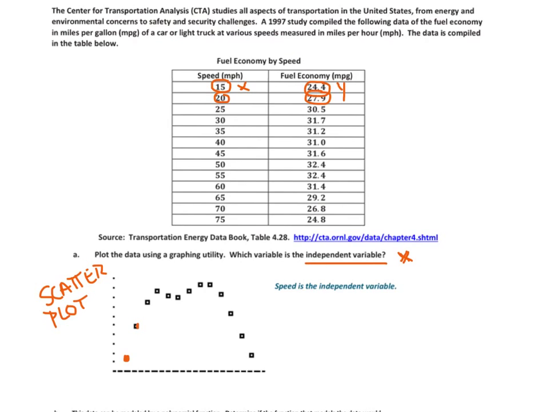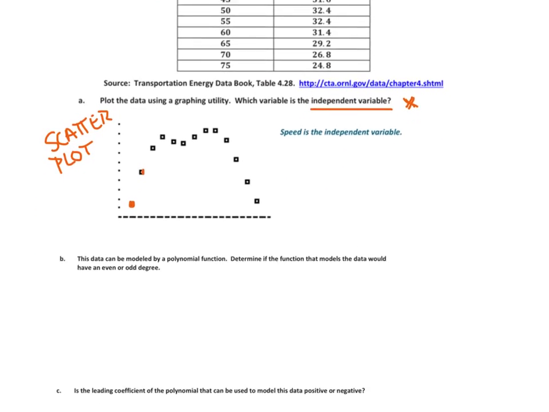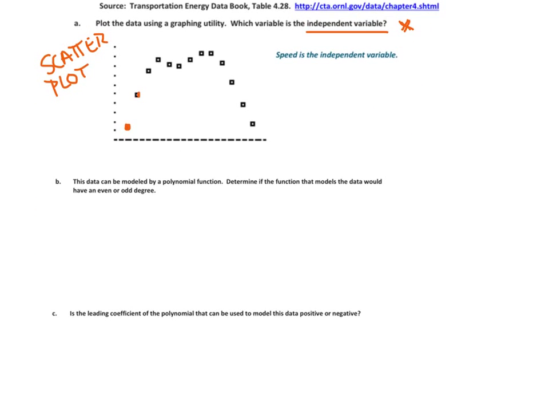But really, the question that we want to get to today is right here. When you look at this data, if it was to be modeled by a polynomial function, determine if the function that models it would have an even or an odd degree. Now here's what I'm picturing. If I drew a best fit curve, it would look a little something like this.